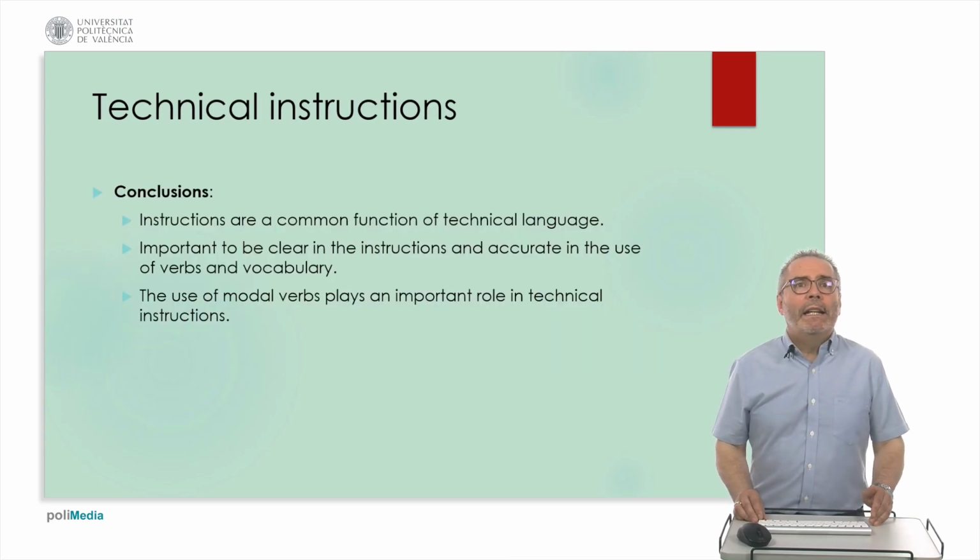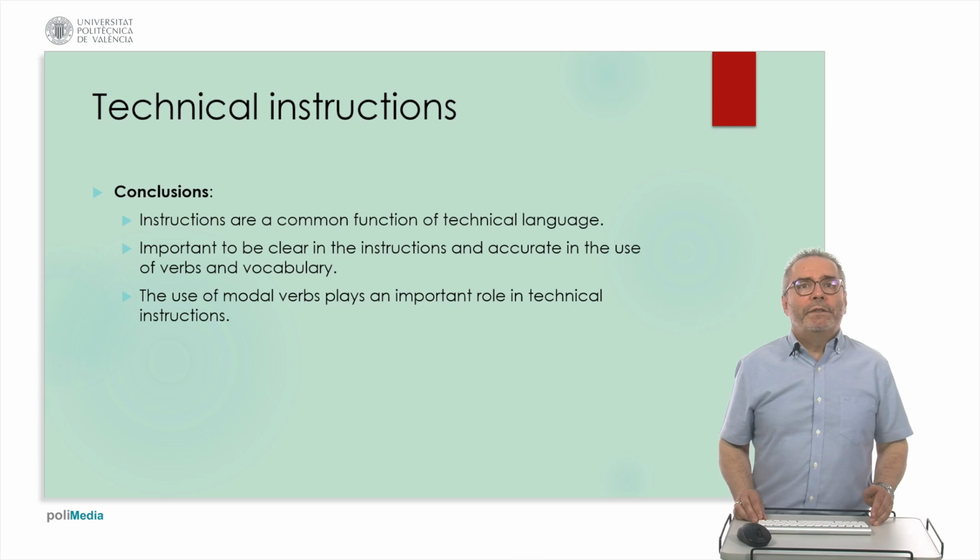As we see here, instructions are a common function of technical language, and when giving or understanding instructions it is very important to be clear, to be concise in the instructions, and also to be very accurate in the use of verbs and vocabulary.